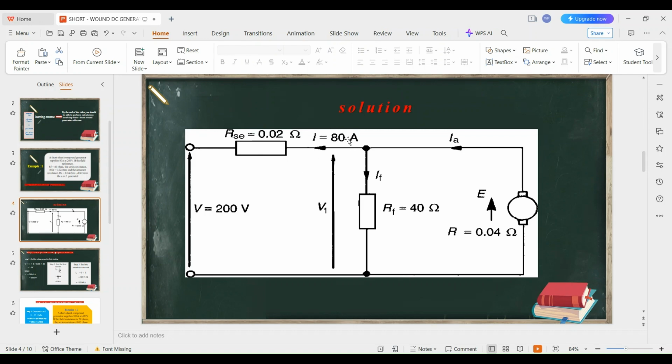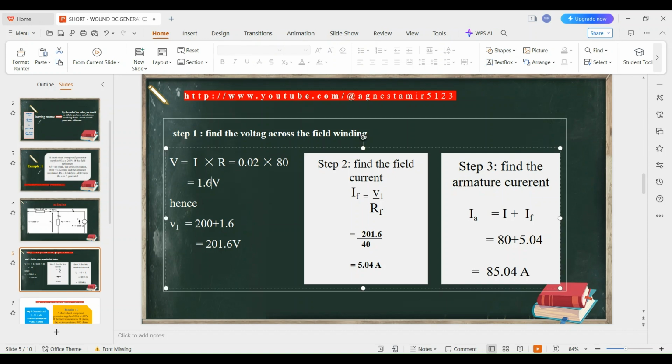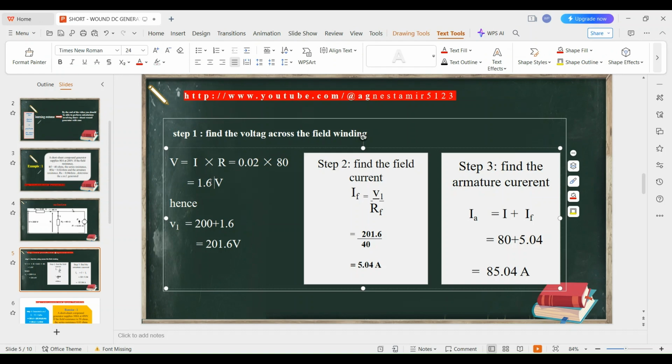We are given the current and we have the resistance, therefore we can go ahead and look for the voltage drop. Our voltage drop will be given by 0.02 times 80, and it will give us 1.6 volts.